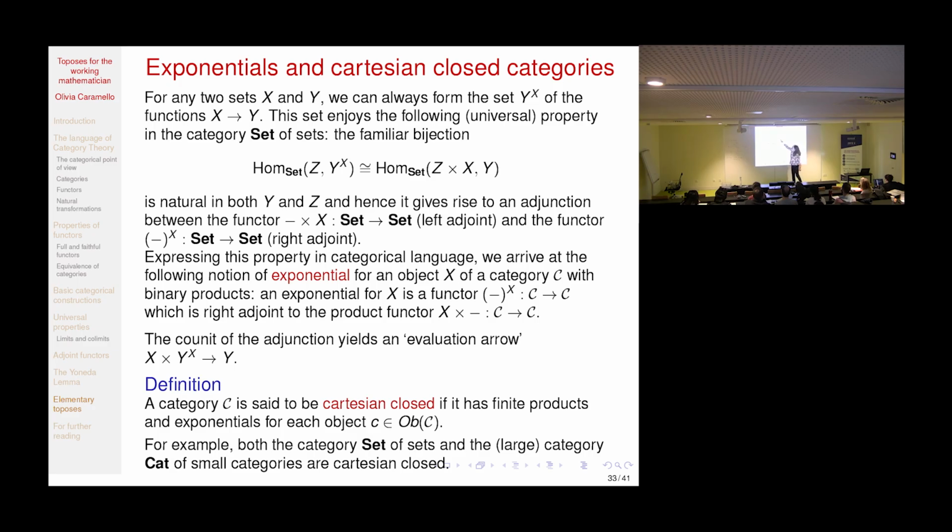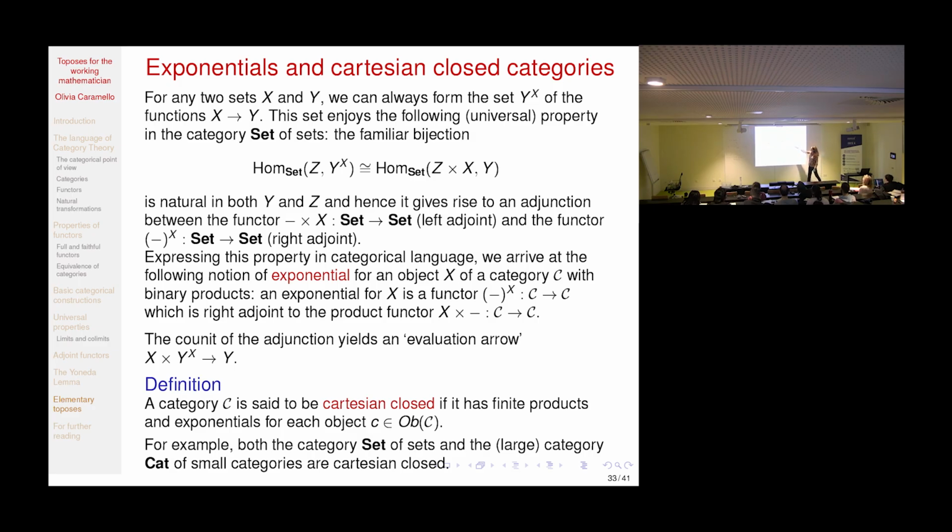You see, the functions from a set Z to this set of functions from X to Y are in natural bijection with the functions from Z times X to Y. And of course, this bijection is natural both in Y and Z. So it gives an adjunction.